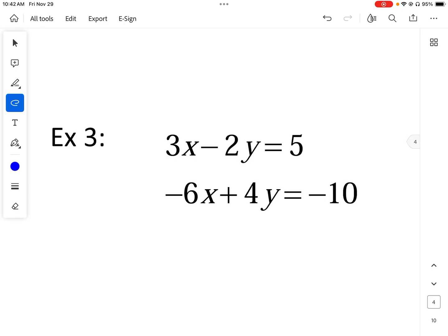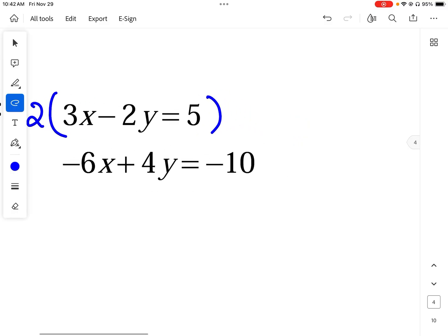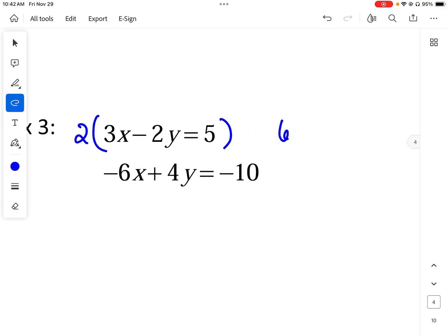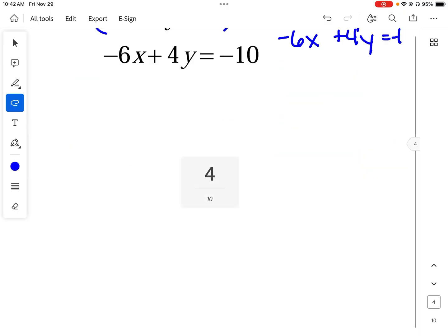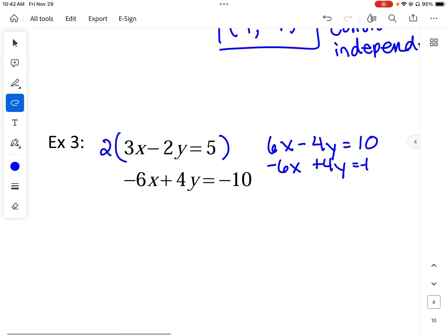All right. I think I want to multiply this by 2 to make that a 6, and then 6x minus 6x is going to be 0x. So that's going to give me 6x minus 4y equals 10. And then I have -6x plus 4y equals -10.